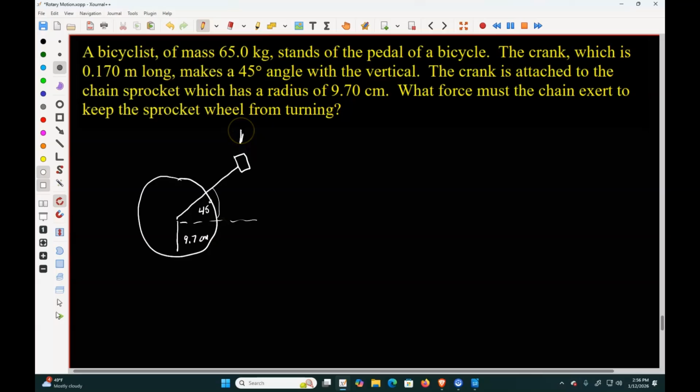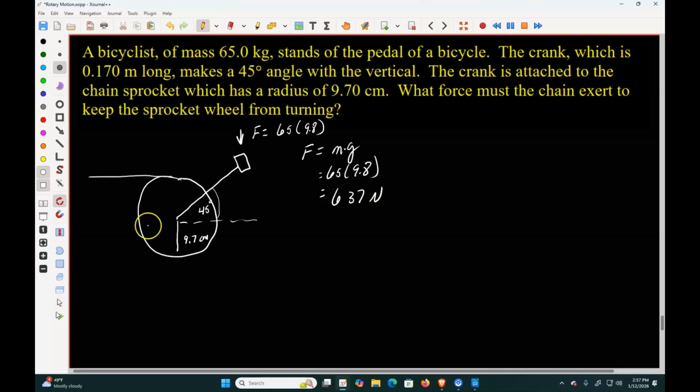He's applying a force here of 65 kilograms to give me force. So remember that force equals mass times gravity. So that means this is 65 times 9.8. So he's applying a force of 637 newtons.